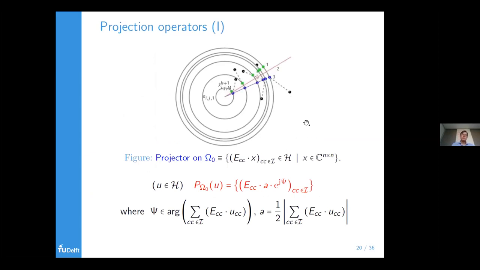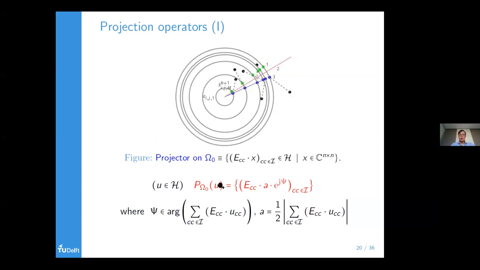For example, we discuss the projection onto the general constraint set omega 0. Take a point U in the ambient space. It has 6 components, which here have different phases and different amplitudes.